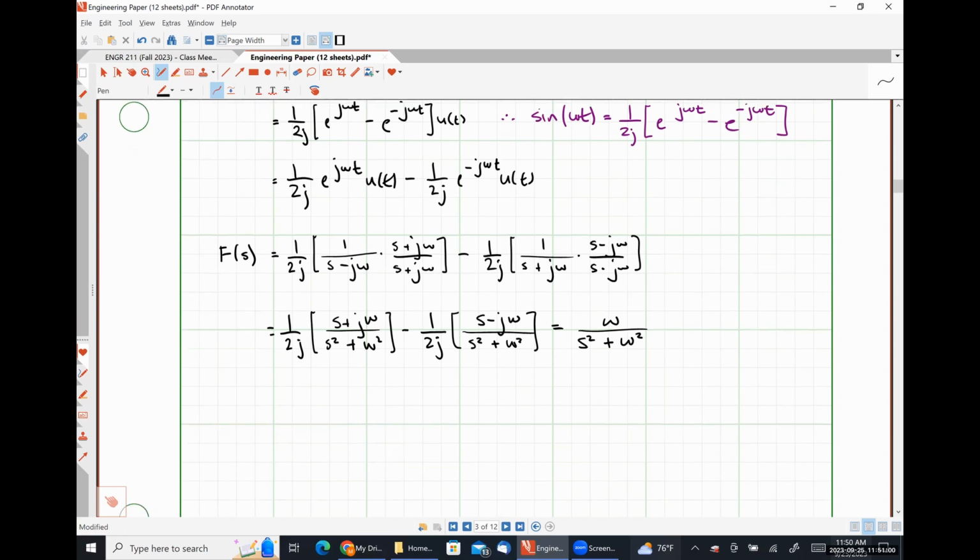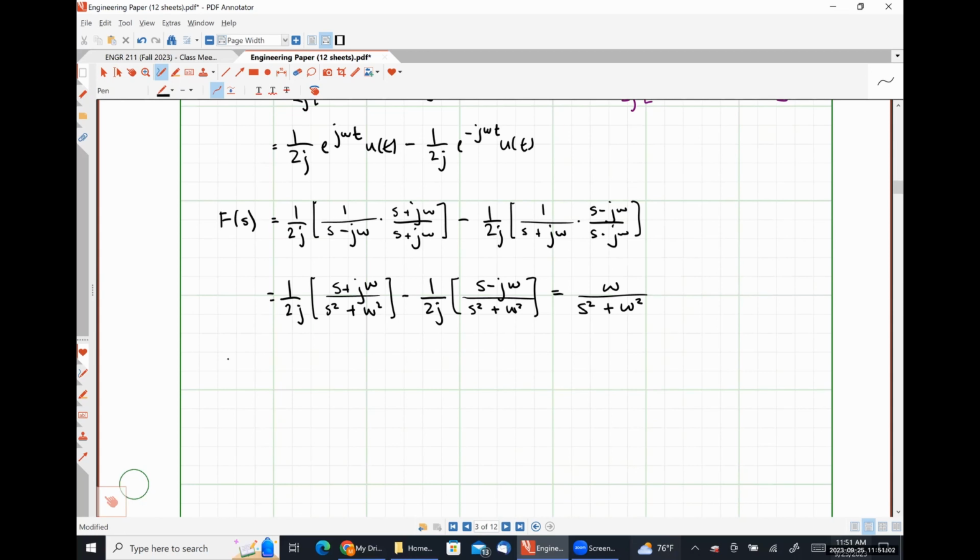I disagree. All right. So let's say this will be the last one that we work. Let's say that we have cosine of omega t plus some phase angle phi, times u of t. So how can we split this thing up into things that we know the Laplace transform of?